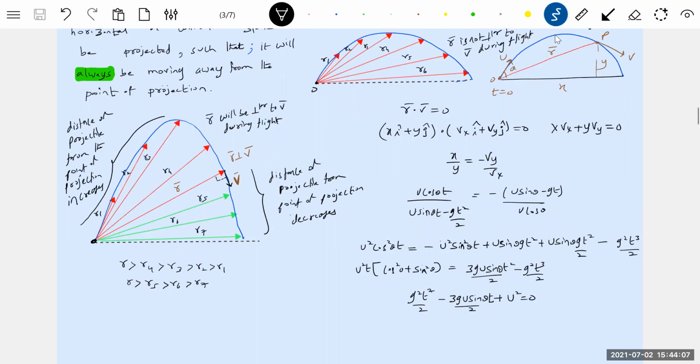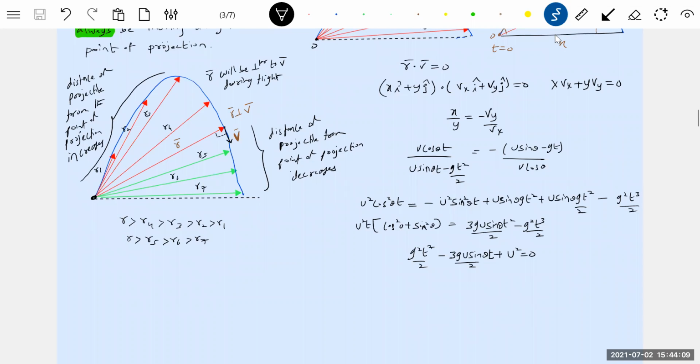So I'll put a condition now. For the projectile, here we'll write it.